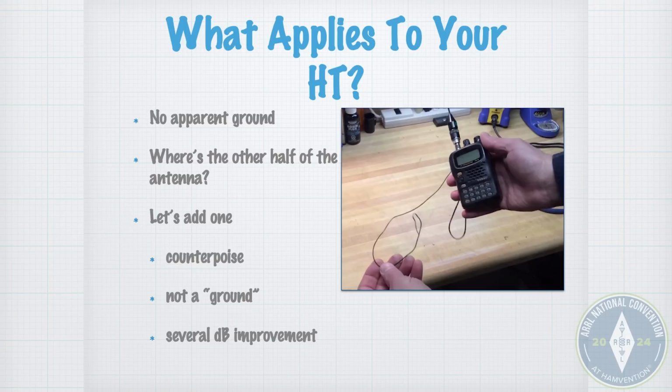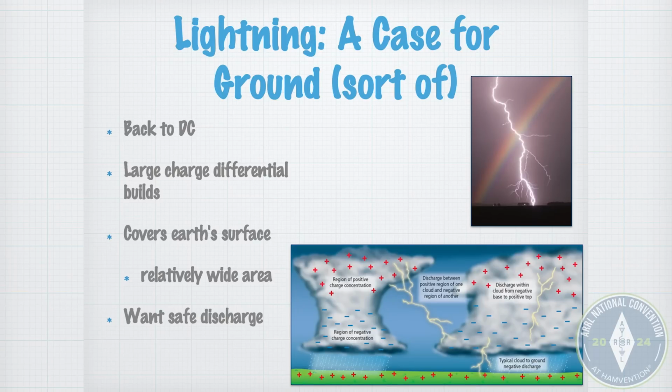So I want to shift gears now and talk about lightning, which I've alluded to but haven't talked about yet. We're going to go back and talk a little bit about DC and clouds. You can see some clouds here, and they build up charge because of friction with the air molecules and other effects inside the clouds. Generally, but not always, they're negative on the bottom and positive on the top.